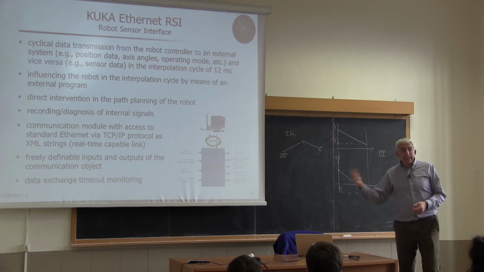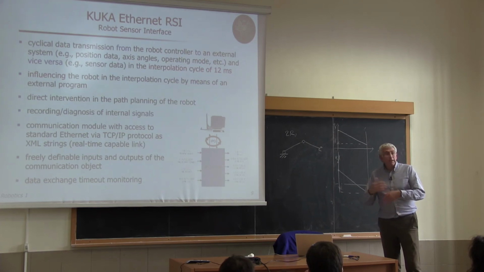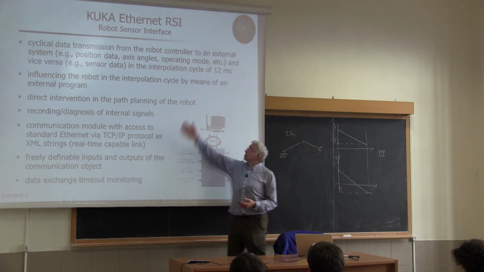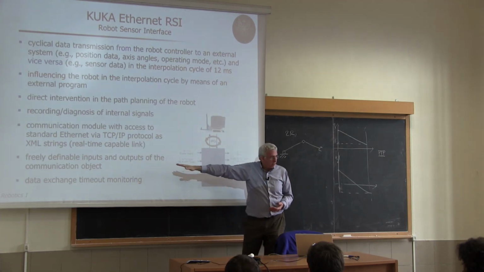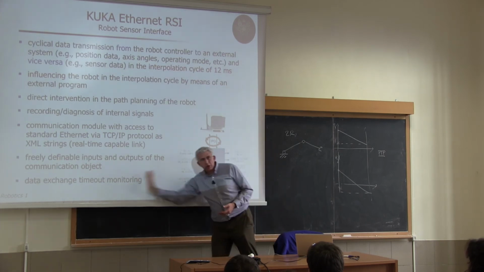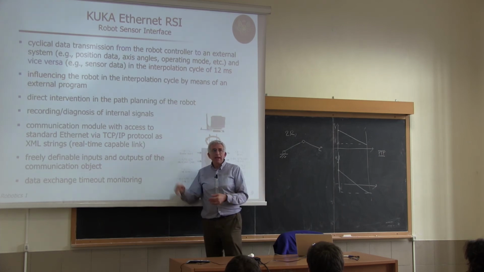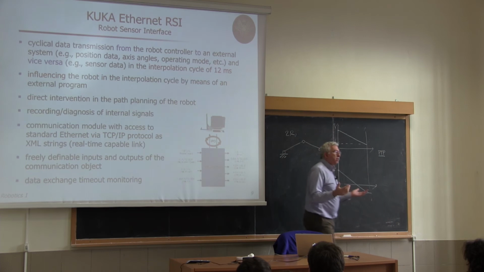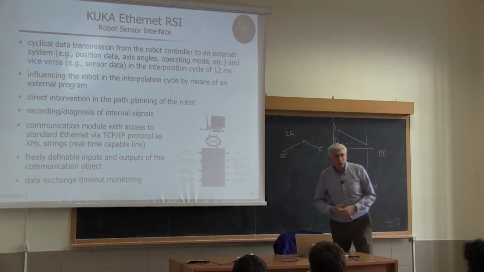So the data exchange is monitored, and there's an extra process doing this so that synchronization is kept, and you're not allowed to go beyond the 12 milliseconds, otherwise the robot goes into safety and stops itself. So if you're doing too much computation because you want to do many nice things with many sensors, and you do not respect this timing in real time, then the robot stops anyway. This is the monitoring of data exchange.